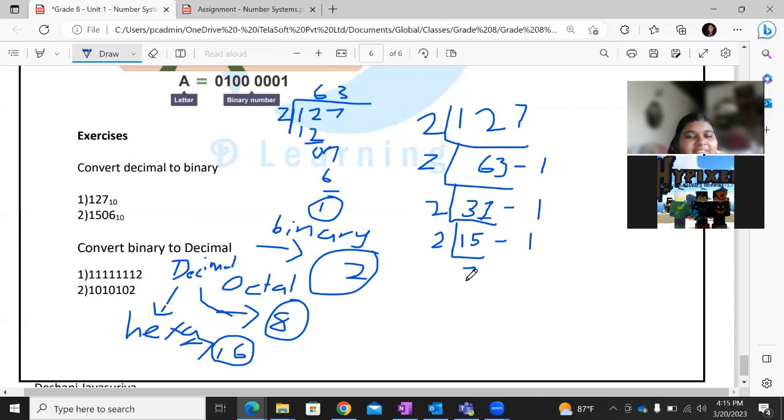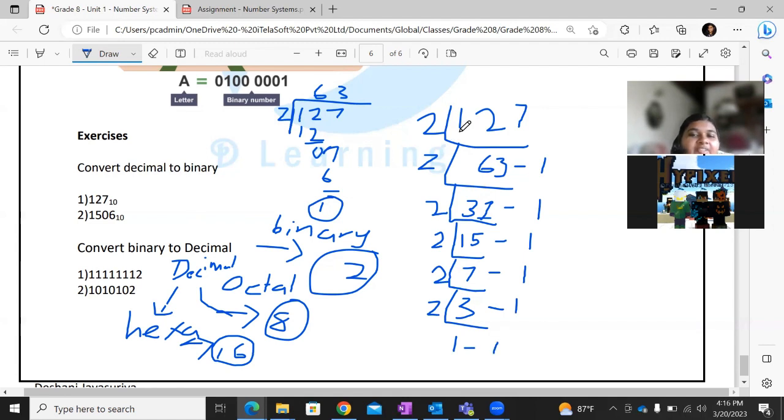Okay? So for 7, we have 14 and 1 is remaining. And this is 3. Yeah, right? And 1 is remaining. And I just gave this 127 so that you can see the answer is all ones.